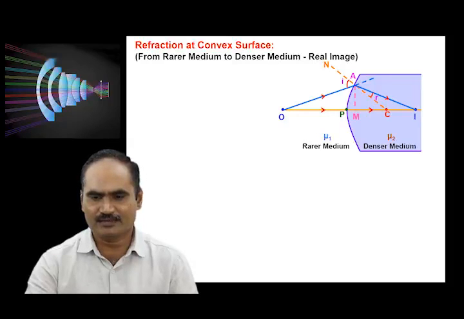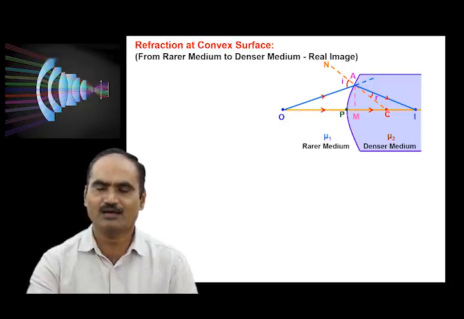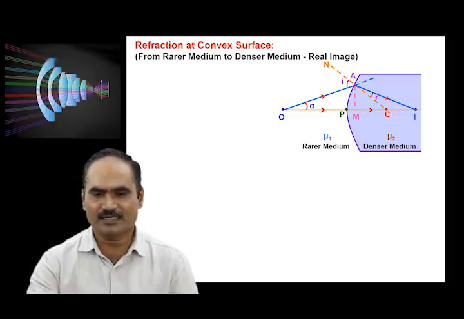If this is the incident ray and it undergoes refraction like this, the angle between the normal and the refracted ray is taken as r, the angle of refraction. For our convenience, let us take this as alpha, this as beta, and this as gamma.